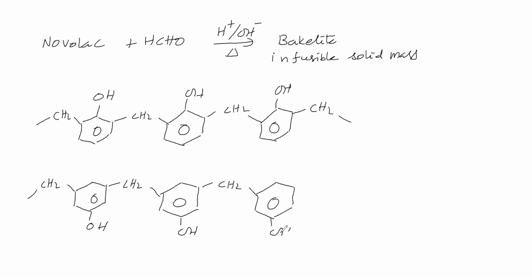Phenyl ring OH, another CH2. What happens is that between these two carbons, between these two phenyl rings, a CH2 linkage comes. So a CH2 linkage is there between these two carbons. This is called Bakelite, an infusible solid mass.